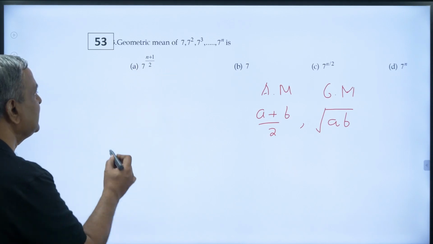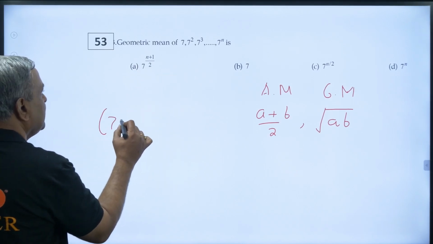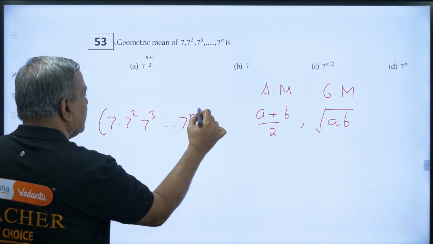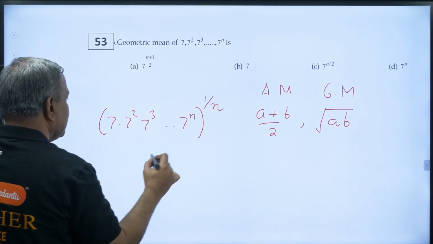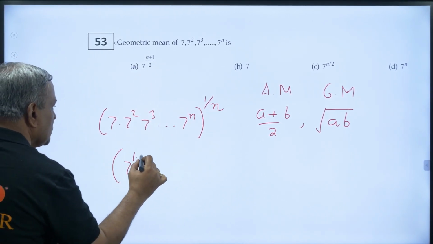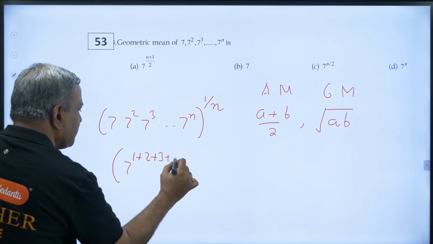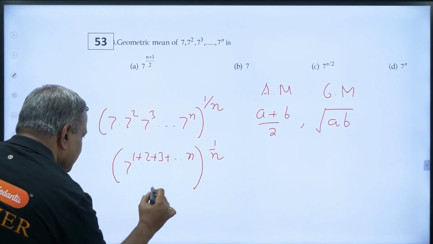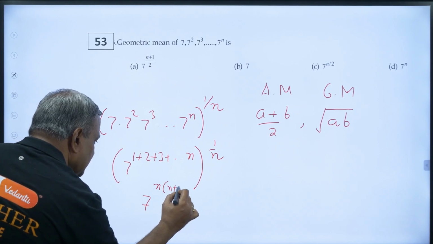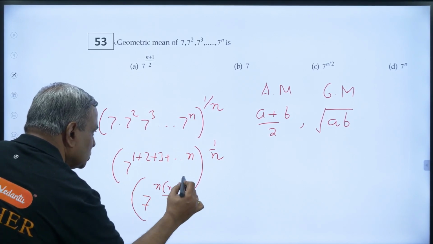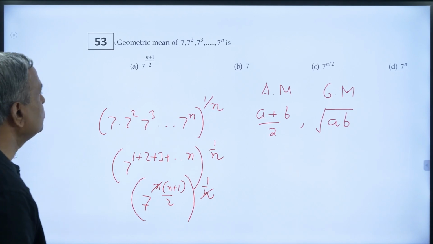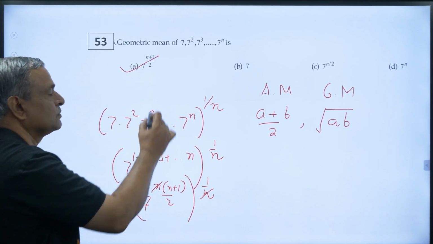There are n terms. 7, 7 square, 7 cube, up to 7 to the power n, whole to the power 1 by n. So this is 7 to the power 1 plus 2 plus 3 up to n, whole to the power 1 by n. So this is 7 to the power n into n plus 1 by 2, whole to the power 1 by n. N and n will cancel, 7 to the power n plus 1 by 2. Option A.